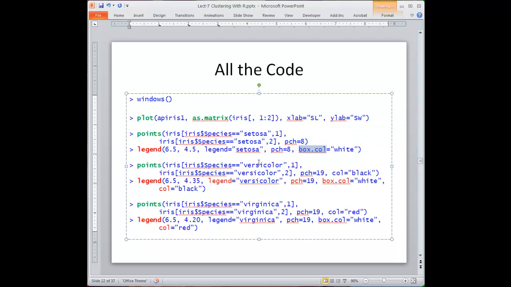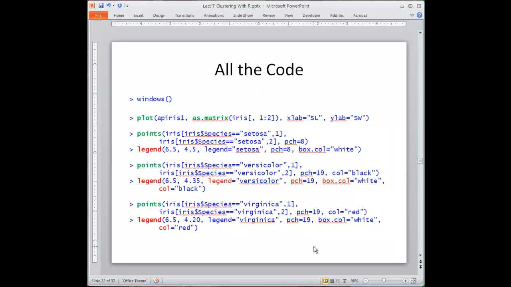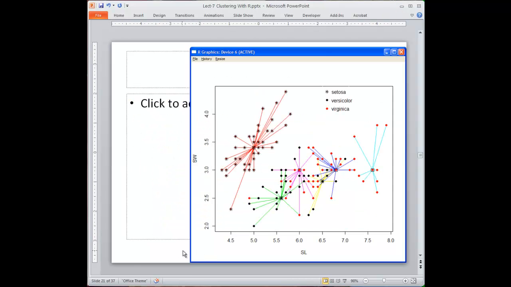I am plotting the versicolors, and the PCH is 19, and I am plotting the Virginica, and the PCH is 19 and the color is red. Here the color of the PCH will be black, here the color of this will be red, and this is what gets produced. If I'm looking at my analysis, the setosas did very well.